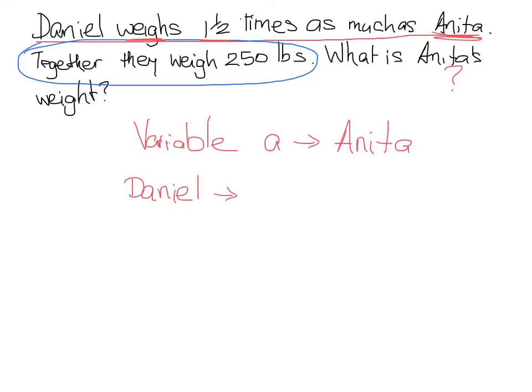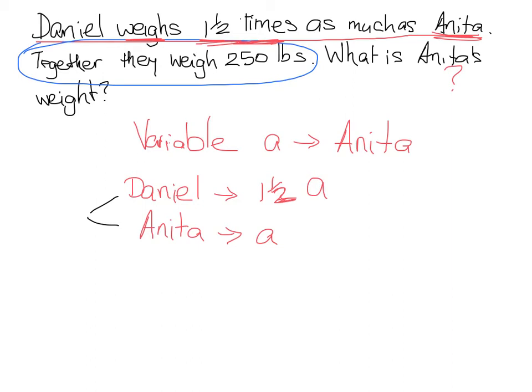So Daniel's weight is, it says Daniel weighs 1.5 times as much as Anita, so 1.5 times A. And Anita's weight is simply just A. So now we know that Daniel's weight is 1.5 A and Anita's weight is A. So together, well, we know that together they weigh 250 pounds. So we know that we're going to have to add these two things up. And when we do add these two things up, we'll get 250 pounds.